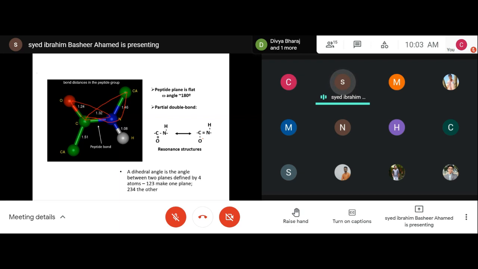You have one plane here and another plane here. The angle of this plane you can measure here, and the angle for this plane. So you have two different planes. If I measure the angle between these two planes, this is called a dihedral angle or torsion angle. So the angle between two planes is called a torsion angle.